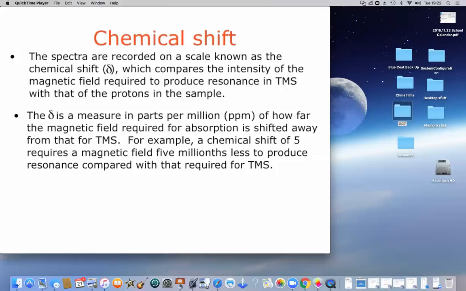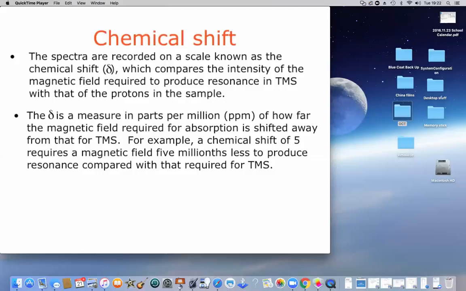Essentially, because the protons are very shielded in TMS, you need a more intense magnetic field to produce resonance. All other protons require a less strong magnetic field. They're measured in parts per million. You don't need to know all of the details behind that, and I don't really want to get into it too much.